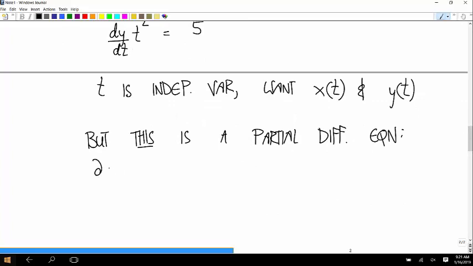The partial of z with respect to t plus the partial of z with respect to x plus the partial of z with respect to y is equal to 1.